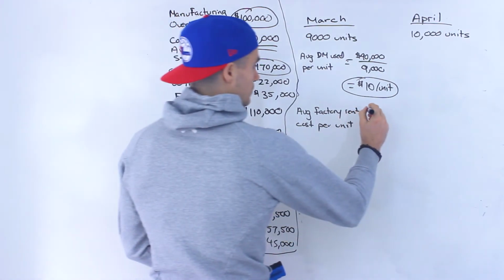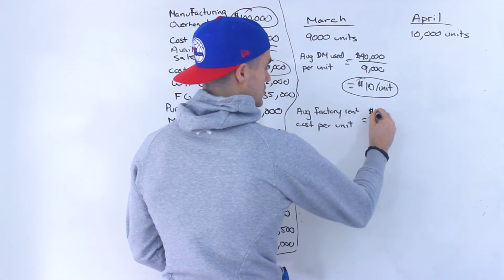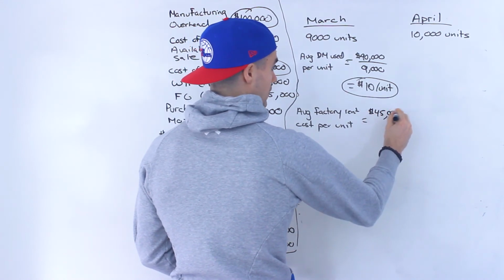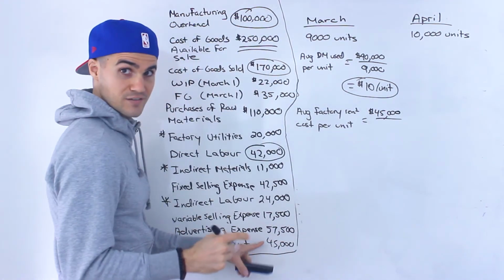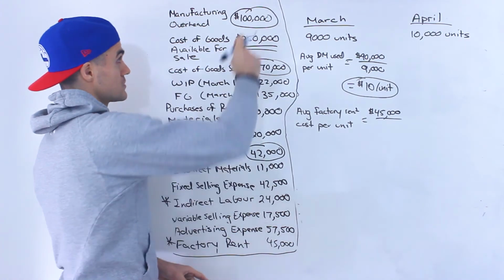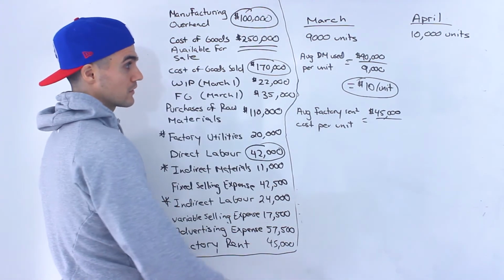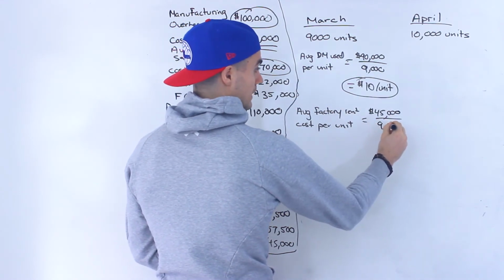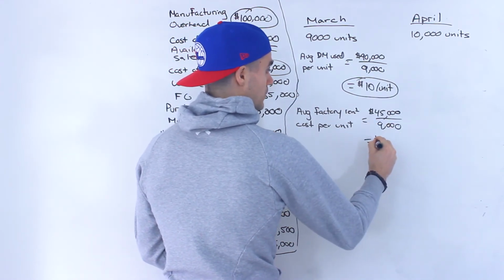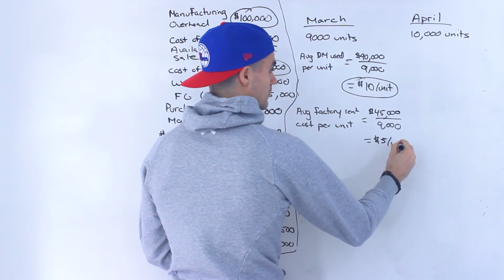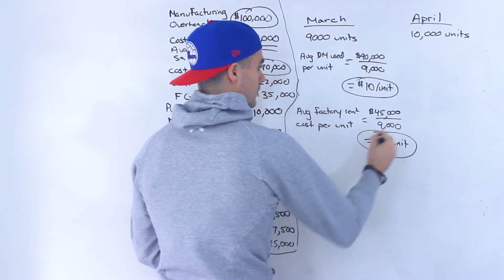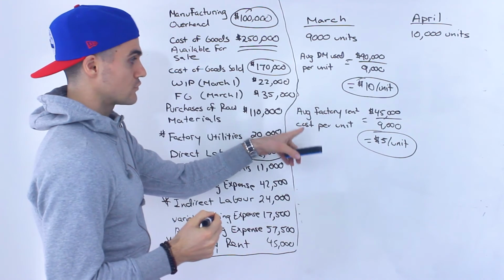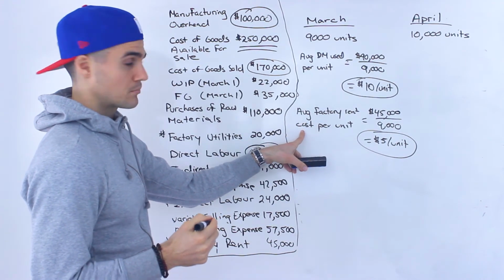And so basically it's the total amount, 45,000, of that factory rent that we had to fill in, solve backwards using this manufacturing overhead figure we were given. We got to take that and divide it by the number of units produced, 9,000, and so that would be $5 per unit for March for the average factory rent cost per unit.